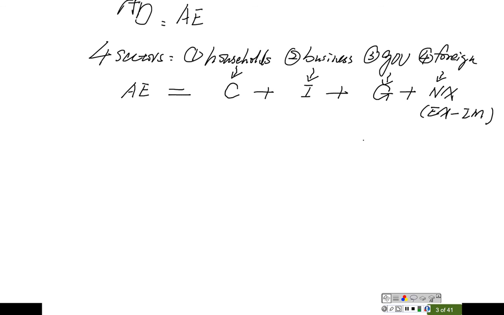So next time, if you want to determine whether the aggregate demand increases or decreases, we can try to see how these four components may change. So let's give one example here. Suppose the stock market price increases a lot. How can this affect the aggregate demand of the whole society?